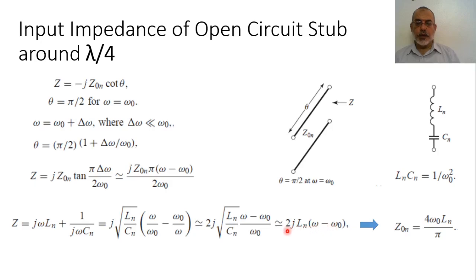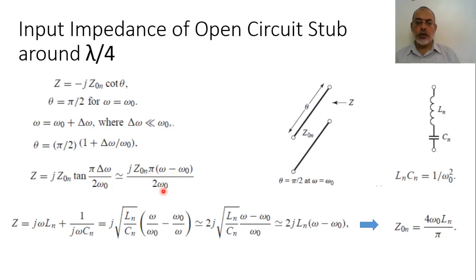Now, by equating the impedance of the equivalent circuit with the impedance of the stub obtained from the transmission line equations, we can say that 2jLn multiplied by omega minus omega naught equals jZ naught n times omega minus omega naught over 2 omega naught.